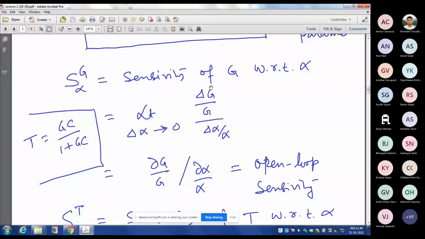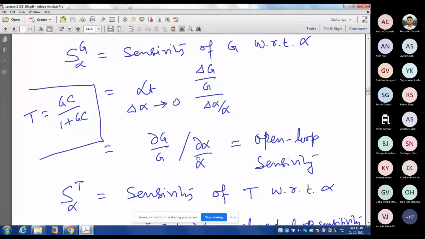So the ratio is called the sensitivity function when alpha tends to 0. As per this definition you can write del G by G and del alpha by alpha, as alpha tends to 0.